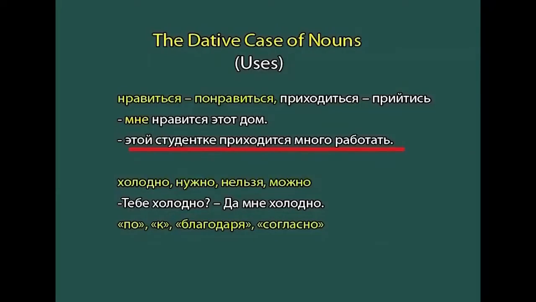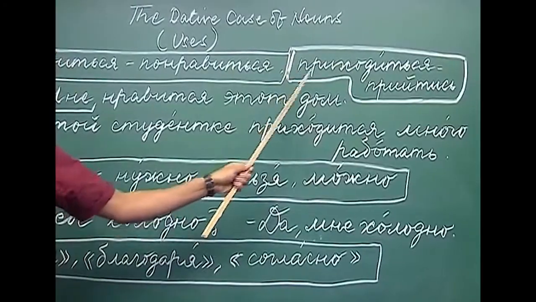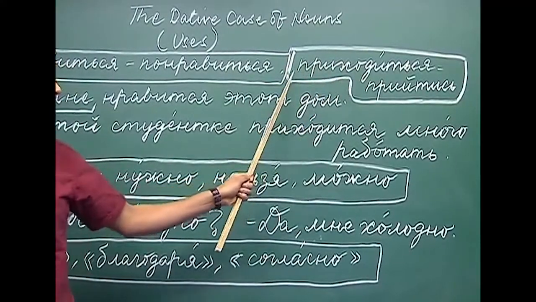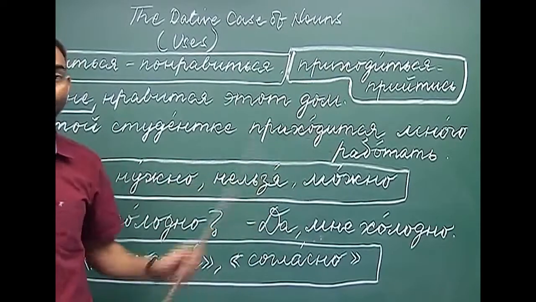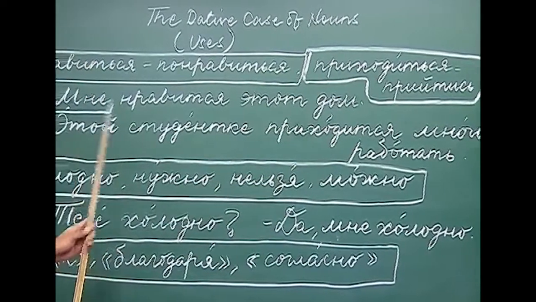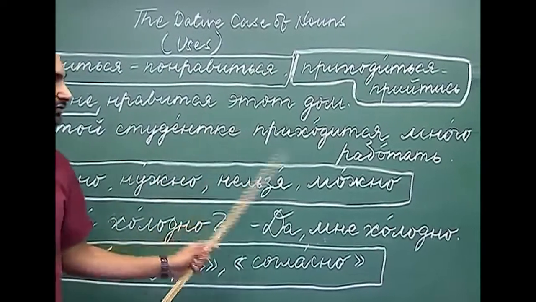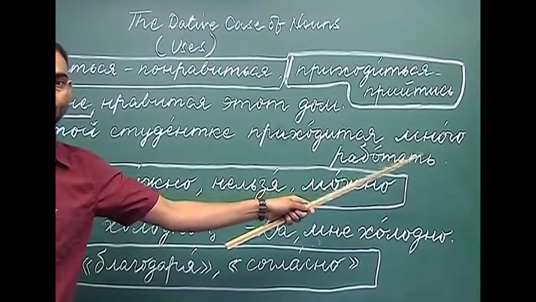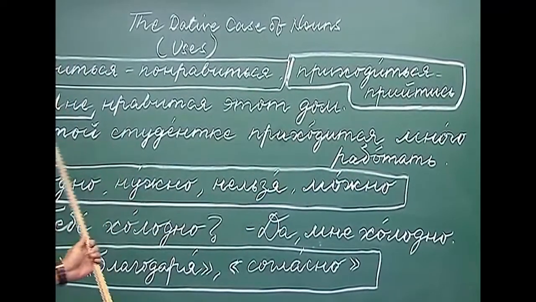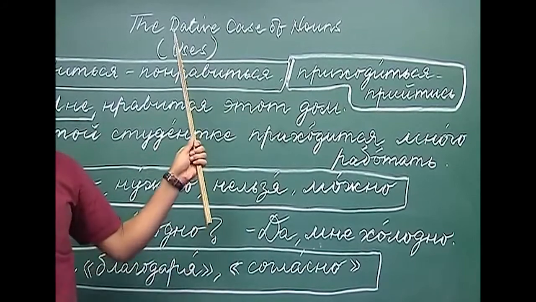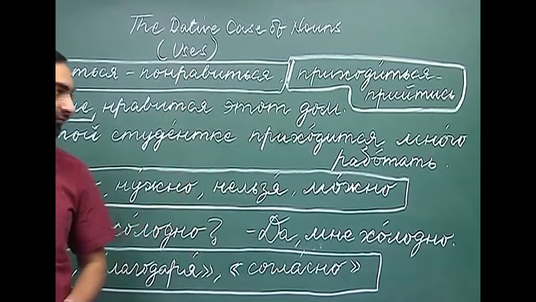Этой студентке приходится много работать. So, this is from the second verb we have done, приходится and причис, one has to. So, this student, female student, has to work a lot. So, here again этой студентке is in the form of dative case.